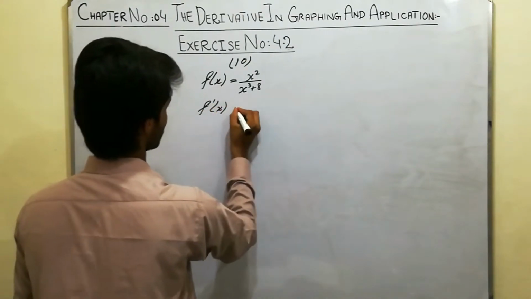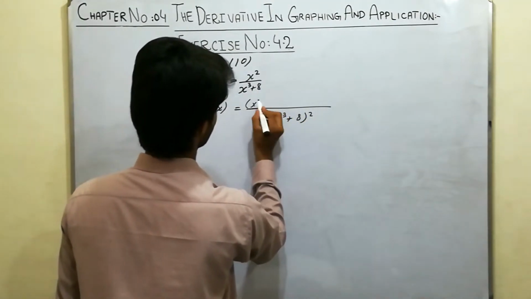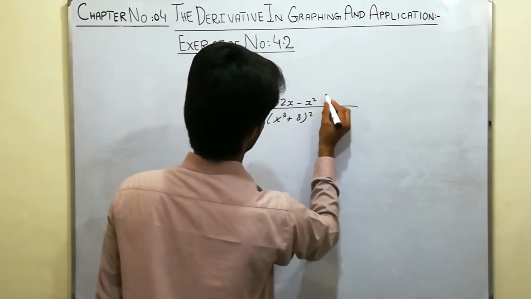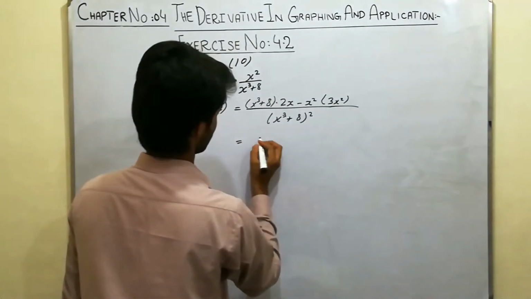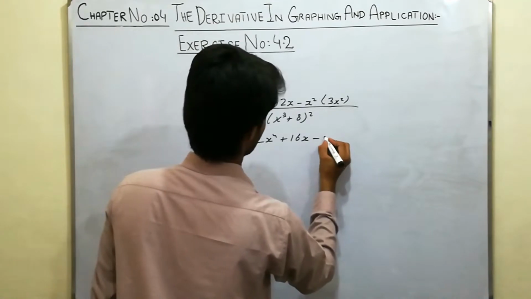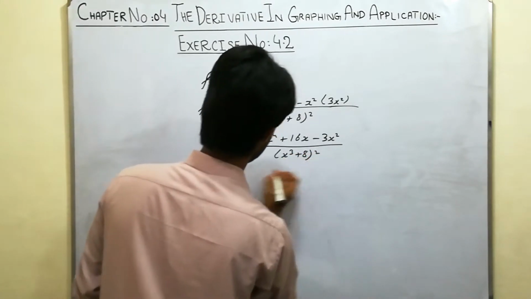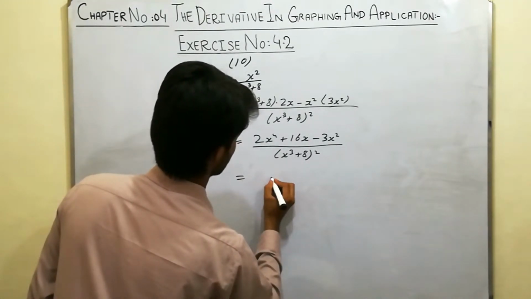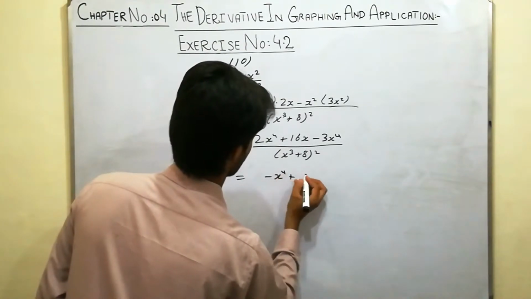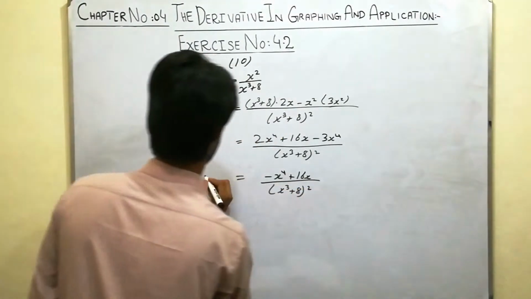Take the derivative: f derivative x is equal to ((x cube plus 8)(2x) minus x square(3x square)) divided by (x cube plus 8) square, which is minus x^4 plus 16x over (x cube plus 8) square. So this is f derivative x.